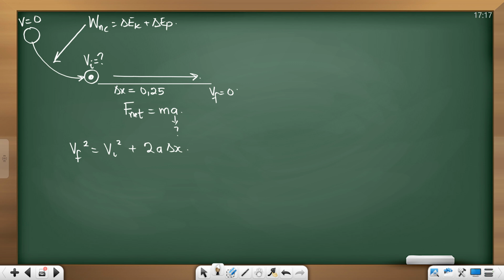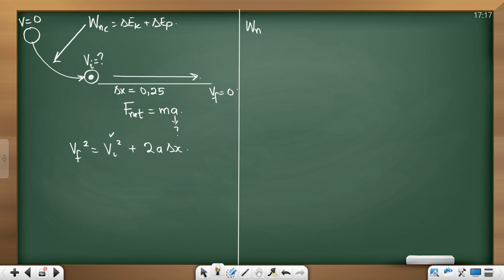Once I get that, we are done. So let's write that formula quickly. Check the process: I'll get Vi. Once I get Vi, I'll be able to get my A. Once I get A, I'll be able to get F net. This is the thing that comes to my head at the moment.